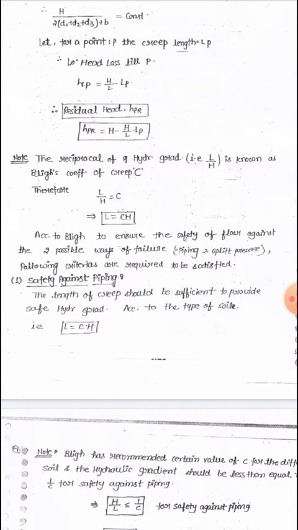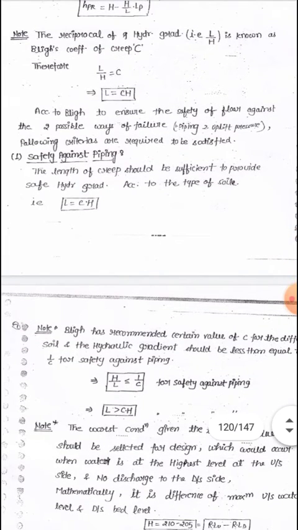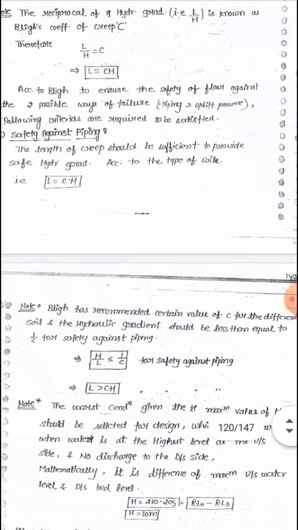For the safety against piping, the length of creep should be sufficient to provide the safe hydraulic gradient. According to the Bligh creep theory, L is equal to C into H, and this hydraulic gradient should be less than or equal to 1 by C for safety against piping.